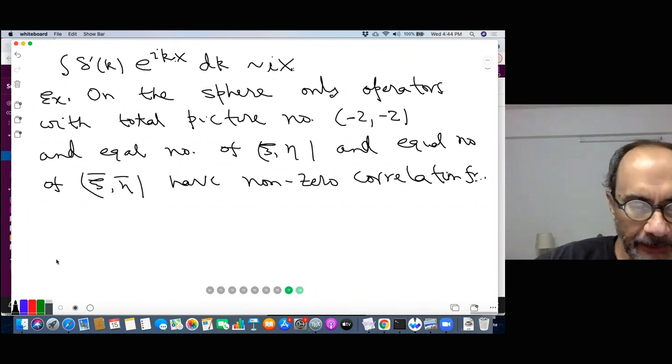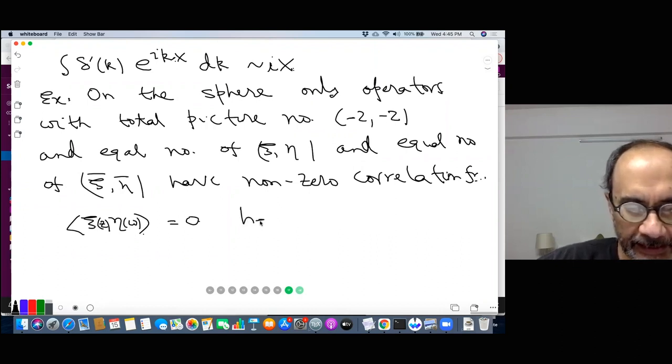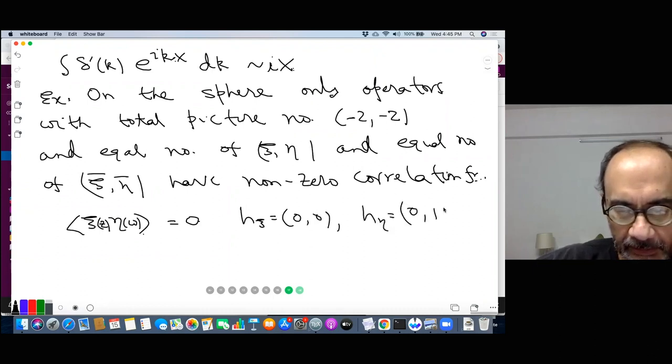For example, the xi eta 2-point function. This of course is non-zero because of the ghosts, but let's just leave that aside. You would conclude that the xi eta 2-point function must be 0, because xi has conformal dimension 0 and eta has conformal dimension 1. So how can it be non-zero? So this must be 0, because h xi is 0 and h eta is 1.